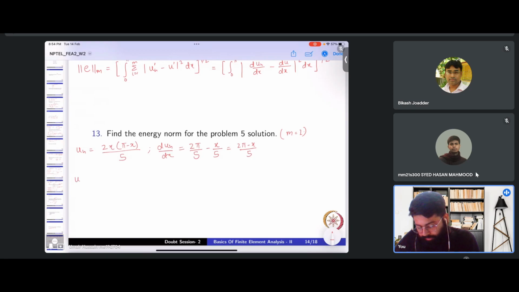Then the exact solution is sin x, and the derivative of sin x is cos x, right?